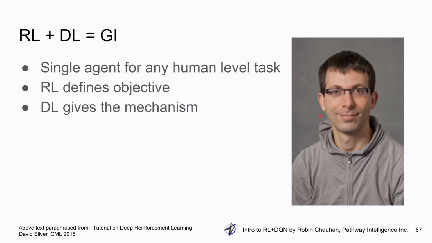David Silver said, as I mentioned before, that when you combine deep learning and reinforcement learning, reinforcement learning gives you the objective, what you're trying to learn, and deep learning gives you the mechanism to learn that, with those smooth neural networks. Yes?